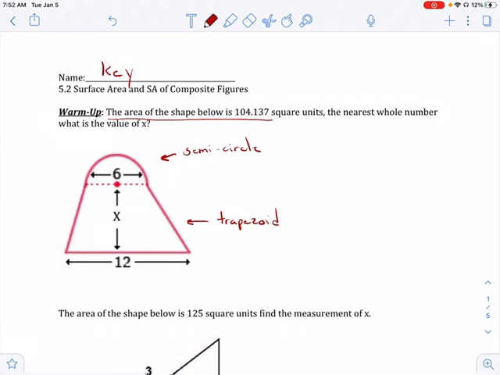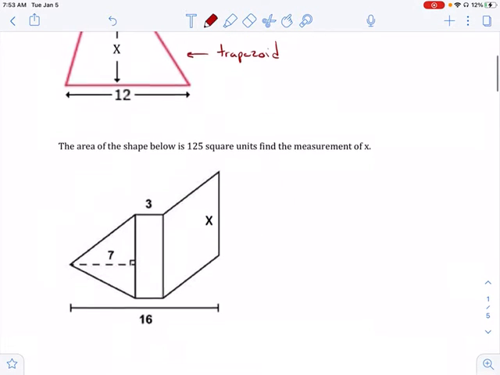If I can find the area of that semicircle, which we don't necessarily give a formal equation, it would just be half the area of a circle. And then once I take that away, I basically should just have a trapezoid problem that was very similar to our worksheets yesterday. So I'm not going to go through it in its entirety here. We can take a look at it probably when you're in class, but that would be how I would start tackling that problem.